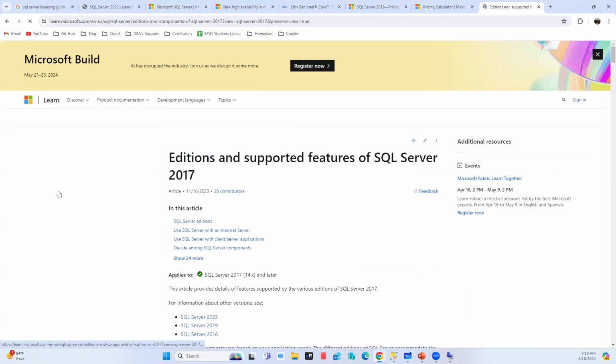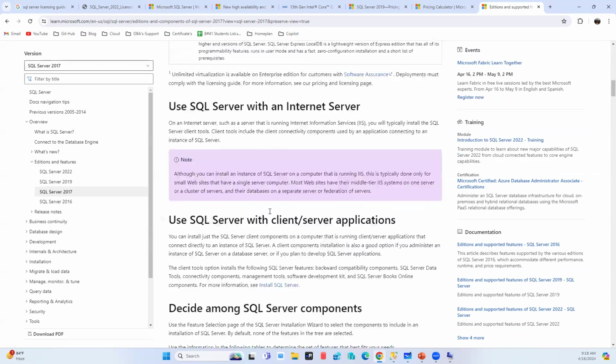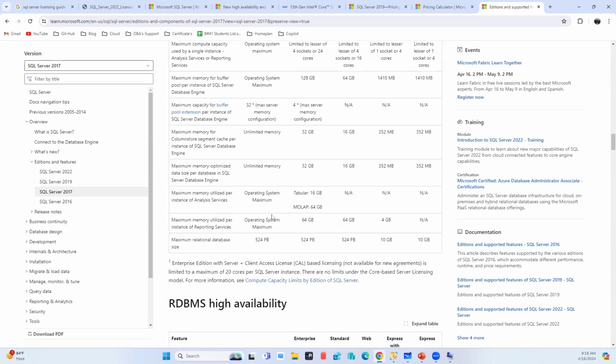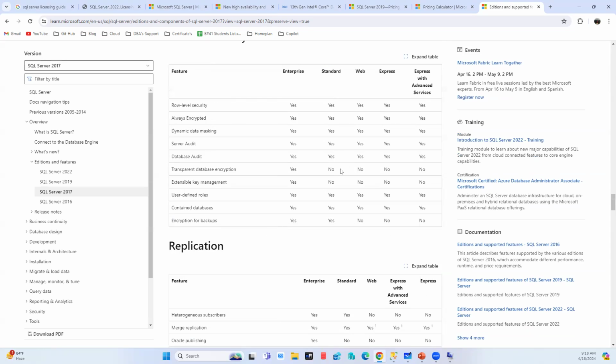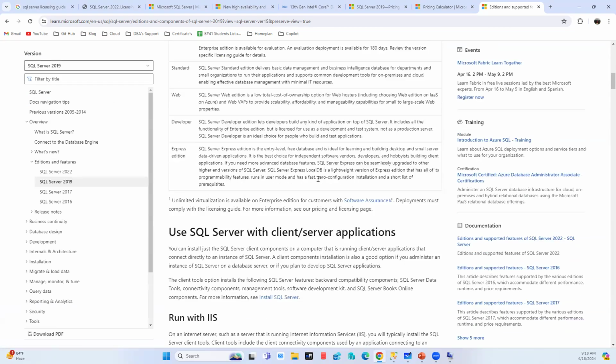But if you go to SQL Server 2017 or 2019, TDE is not applicable in 2017. If you go to 2019, yes.